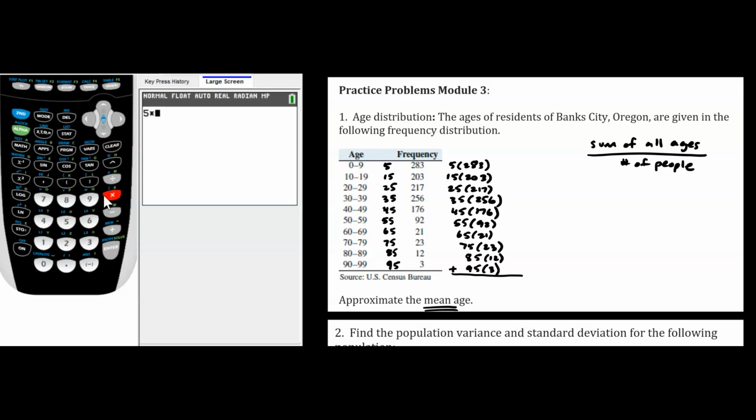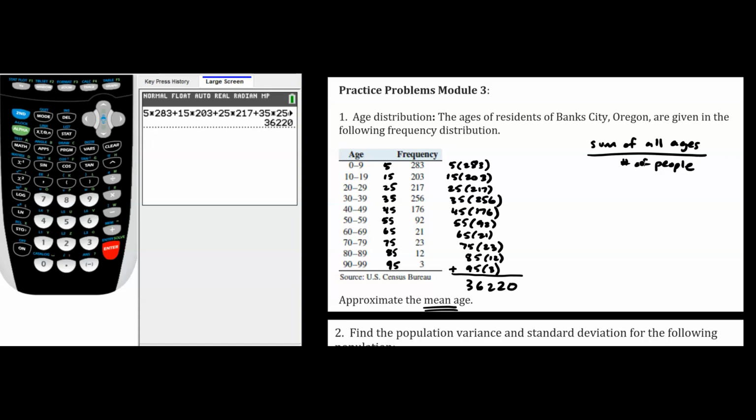And so we'll say 5 times 283 plus 15 times 203 plus 25 times 217 plus 35 times 256 plus 45 times 176 plus 55 times 92 plus 65 times 21 plus 75 times 23 plus 85 times 12, and the last one plus 95 times 3. And we get a grand total of 36,220.